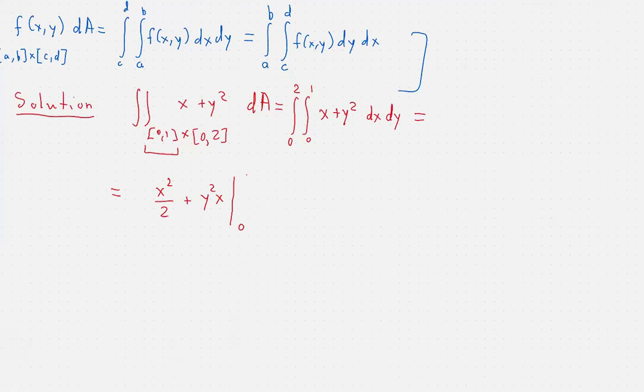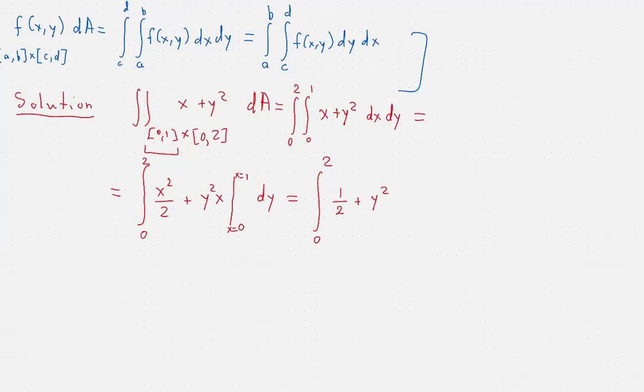I don't necessarily like to adopt this notation, but it's sometimes helpful in order to distinguish what is being substituted. So let's substitute 0 and 1 and see what we find. And so we will find 1 over 2 plus y squared. And then the other two are 0, so we would subtract 0, so we omit that.